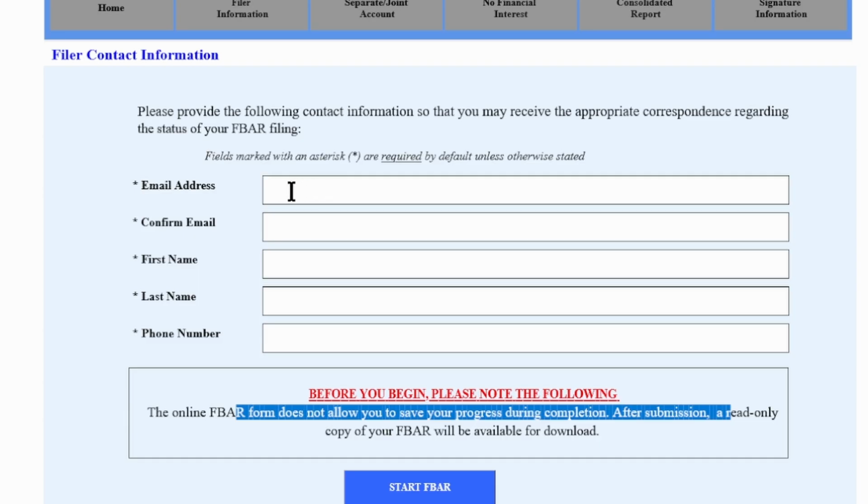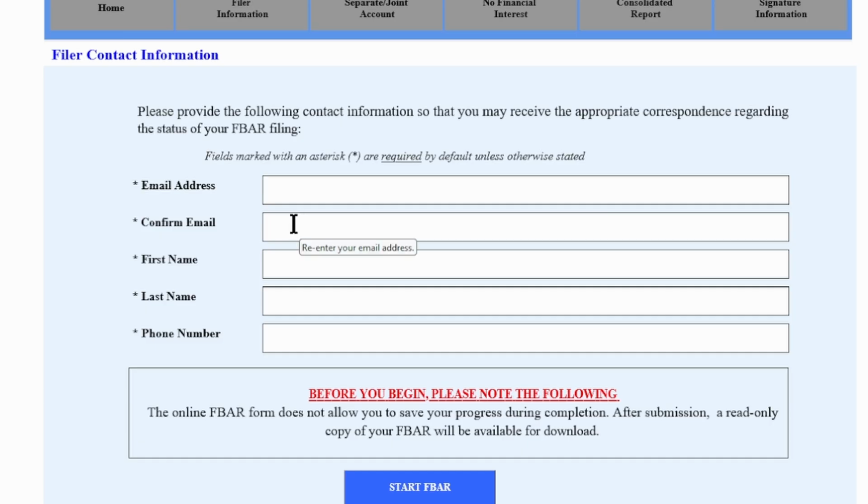They're going to get one confirmation that you submitted it and another confirmation that it was accepted. So I take all of those and I screenshot them and put them with the actual PDF and put that away in case somebody comes back and says I never filed or something like that. So fill that out and then we'll start FBAR.